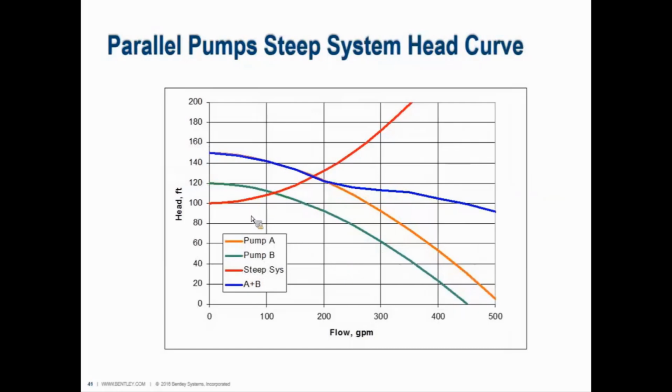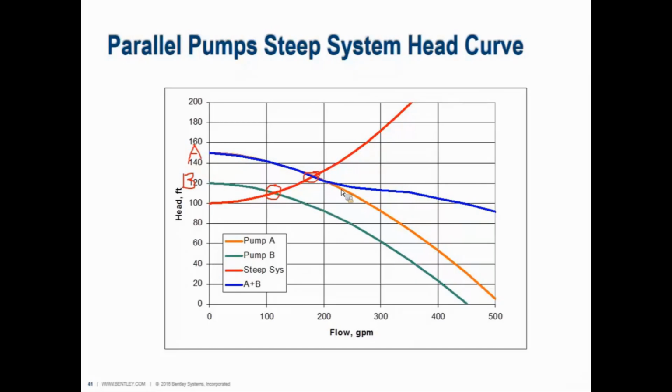Now if we have a steep system head curve, let's look again. We've got pump A right here and pump B. So we've got an intersection here for pump B. Great, okay, we're delivering flow. And now orange intersects here, and we're able to deliver some additional flow. Okay, that's fine.